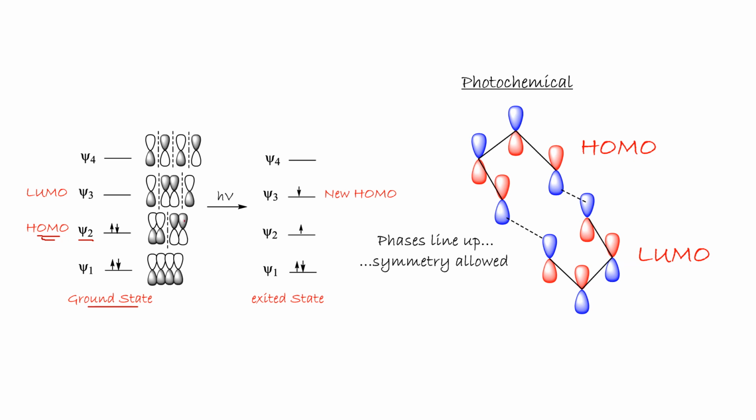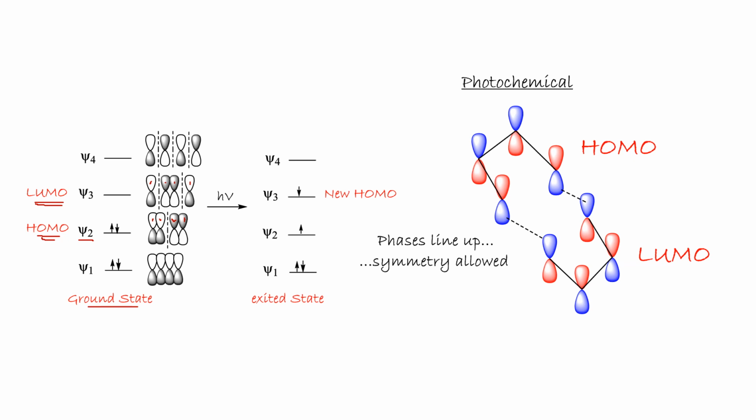If we say this is red, it's red, red, blue, blue, and the LUMO will be Psi 3 with blue, red, red, blue, so the two inside are the same face, and the outsides are the same face.